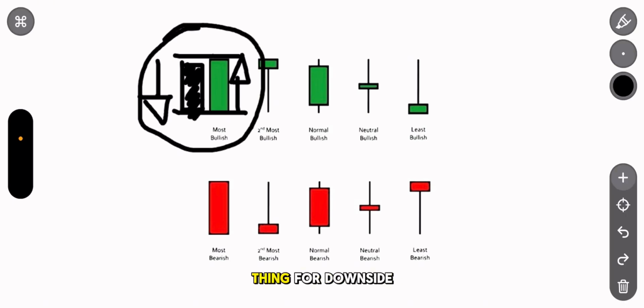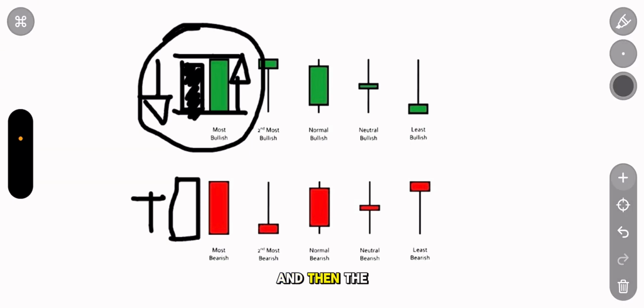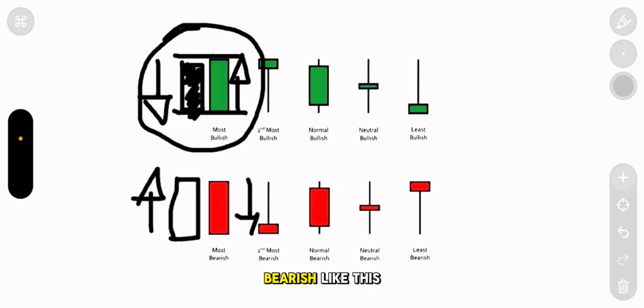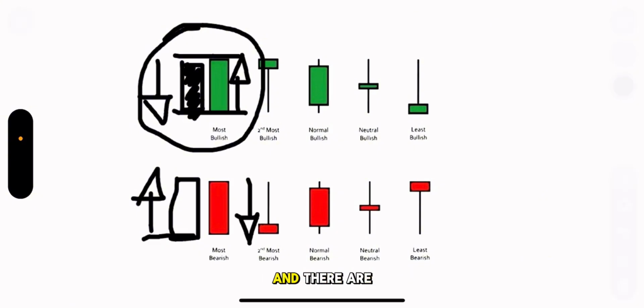And the same thing for the downside. Let's say this candle closes bullish and then the next candle closes bearish like this and they're about the same size.